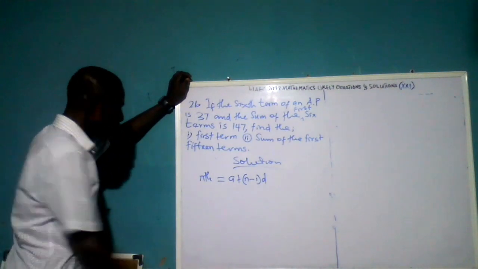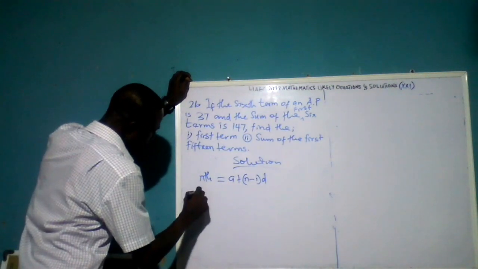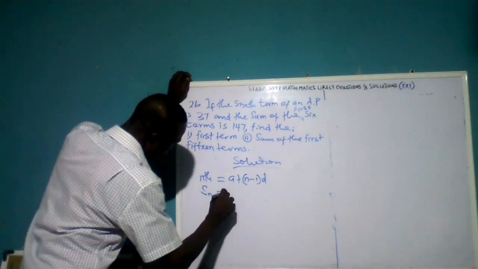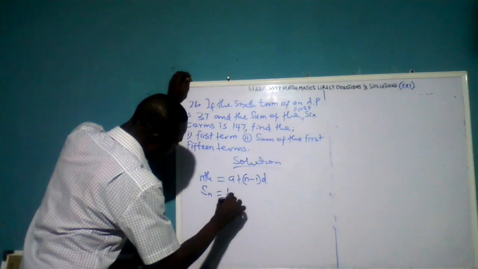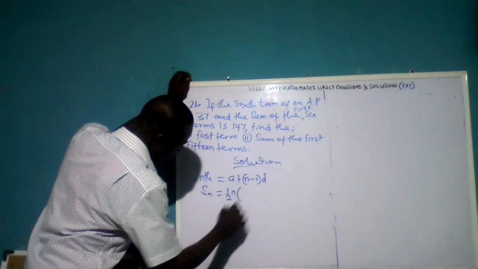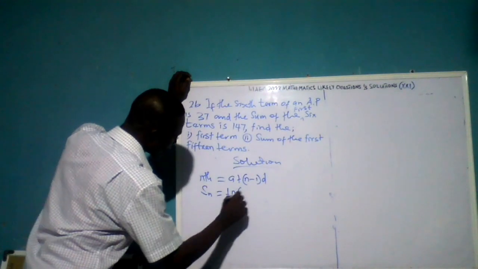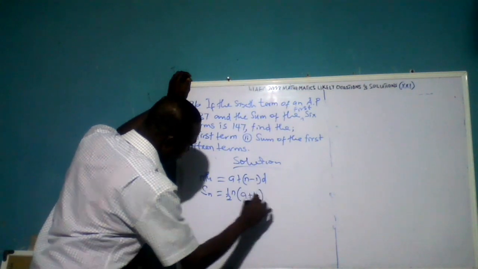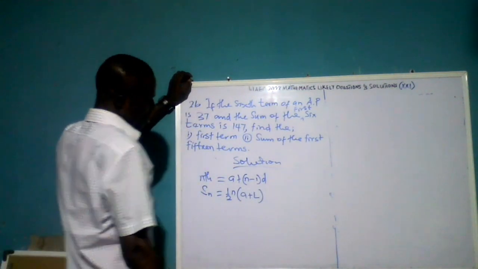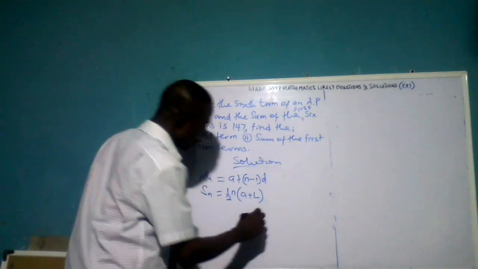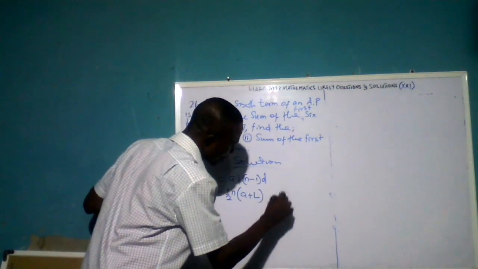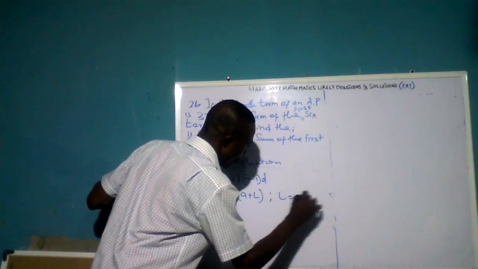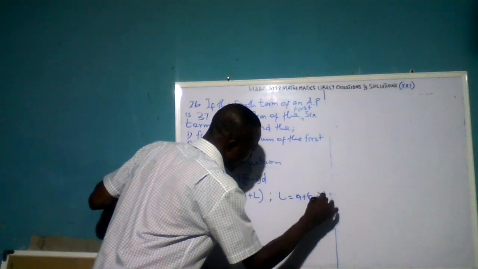Also, the sum of n terms of an arithmetic progression is given as Sn equal to half n into brackets a plus l, where l denotes the last term, and l is given as a plus n minus 1, close brackets, multiplied by d.